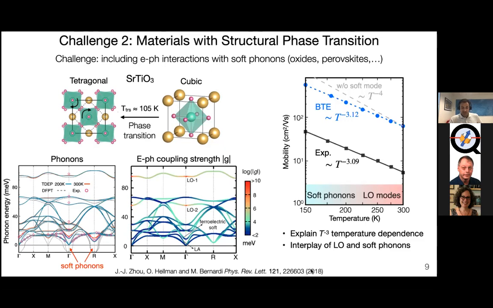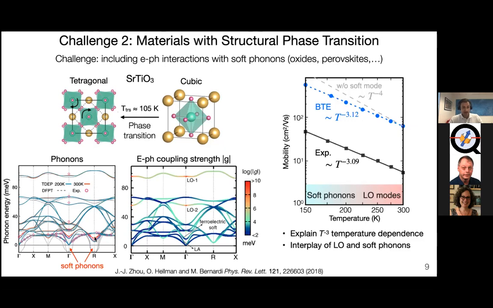Now, in 2018, we tackled this challenge in a collaboration with Olle Hellman, and we used an approach he has developed that is called a temperature-dependent effective potential. This approach is able to accurately compute phonons as a function of temperature. And you see here with this TDEP method, now all the phonon modes are stable, including the soft ones.